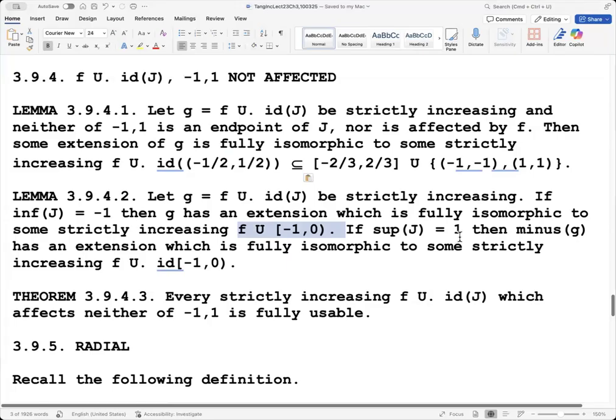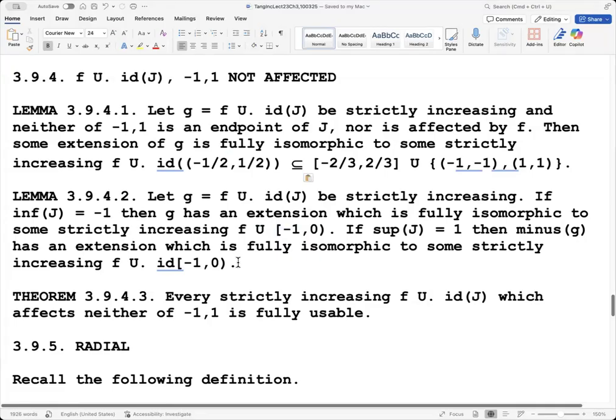And if the sup happens to be one, in other words, the endpoint one, then minus of G has an extension which is fully isomorphic. Now, if you remember in the stability of usability, there was a thing called the minus of a function, and that is G of minus P is minus G of P, which commutes with the additive inverse.